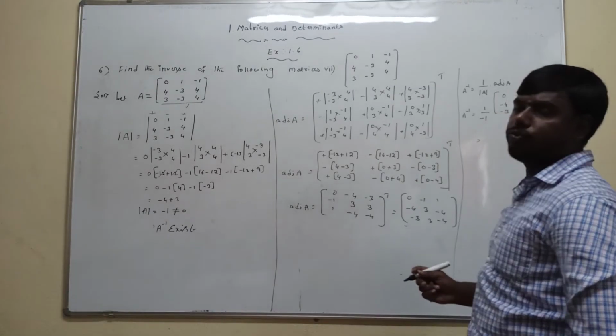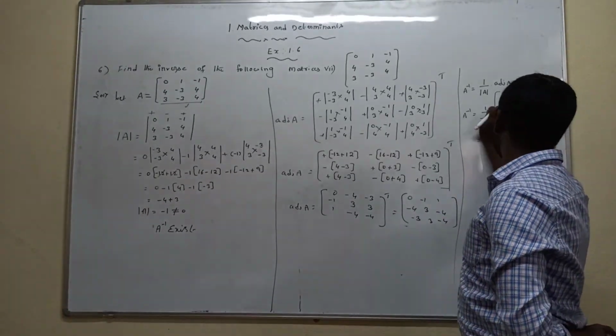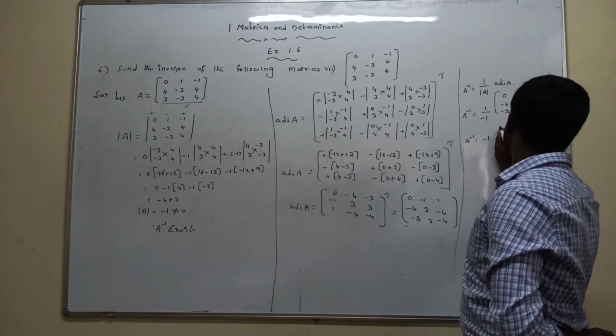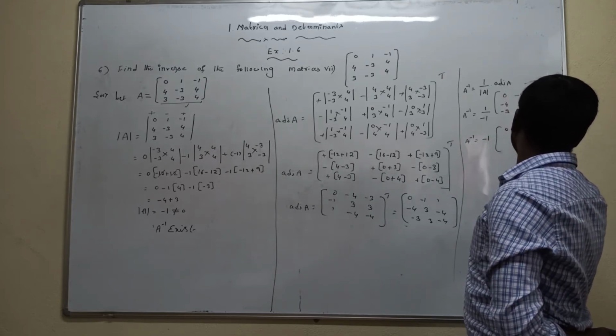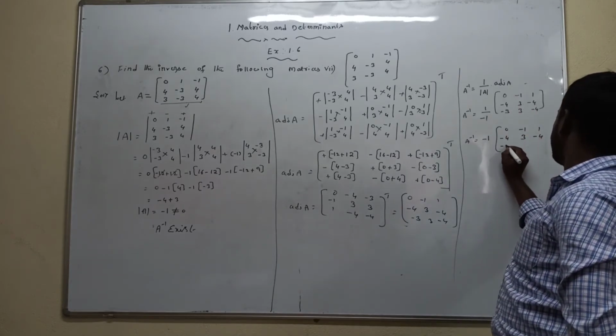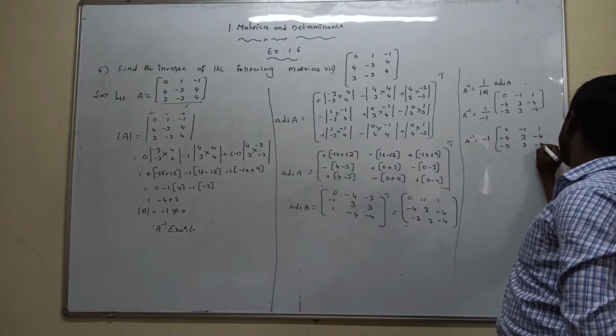So 1 divided by minus 1 is minus 1 only.